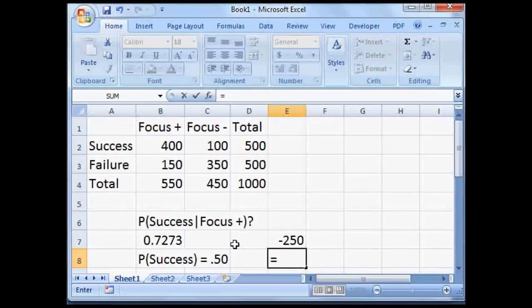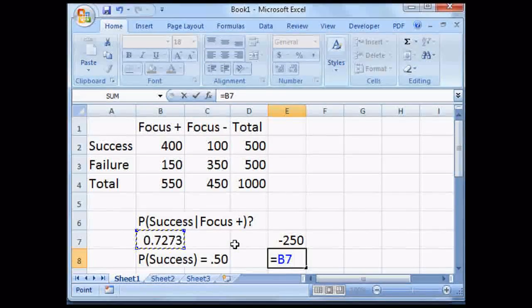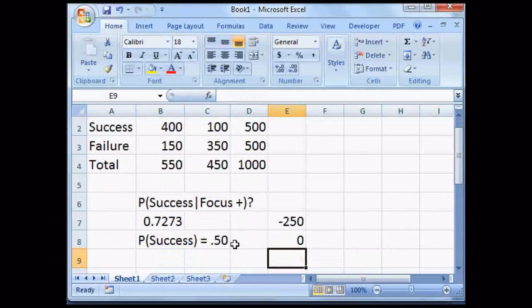So we would say we have a 72% or 73% chance of making that 300, and we only have 1 minus this, that's the probability that we lose that 800. And the result is 0.